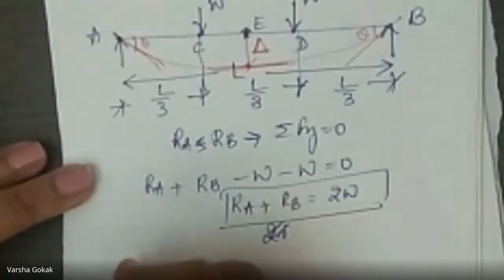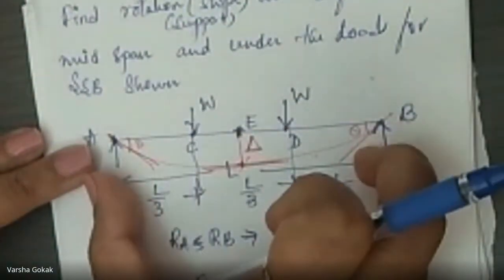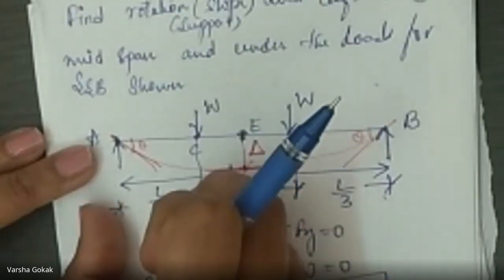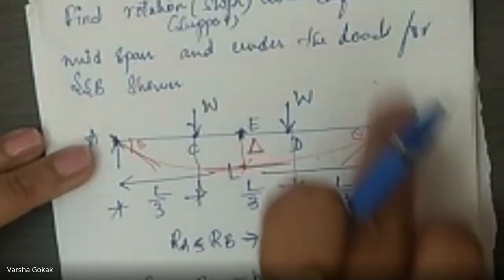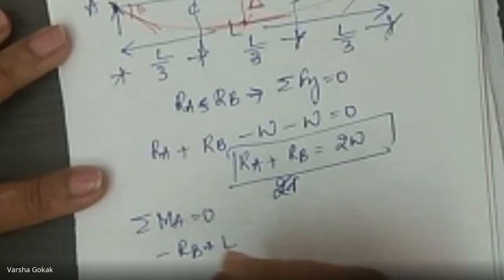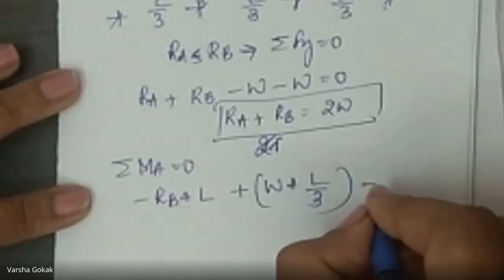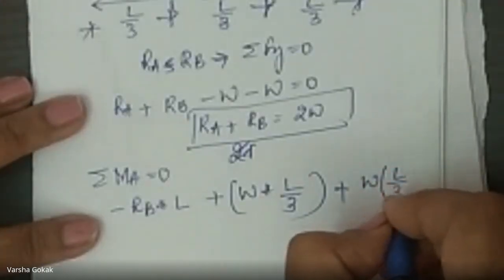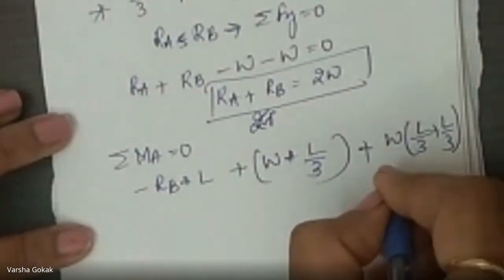To get either RA or RB, we take moment at A equal to 0. When I'm taking moment at this point equal to 0, we have RB into L minus W into L by 3 minus W into 2L by 3 equal to 0.